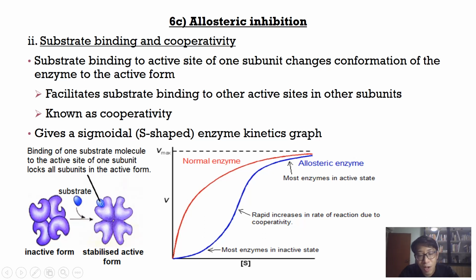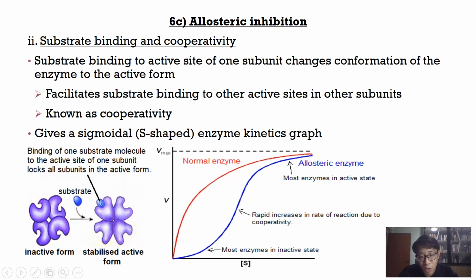But the increase in the rate of reaction would be very fast in this portion here. That's because of the cooperativity. When there are enough enzyme molecules that have been bound by at least one substrate, then more of the enzyme molecules start to change to the active form, and that has a high affinity to the substrate. So the increase in the formation of the enzyme substrate complex would be much faster when substrate concentration continues to increase.